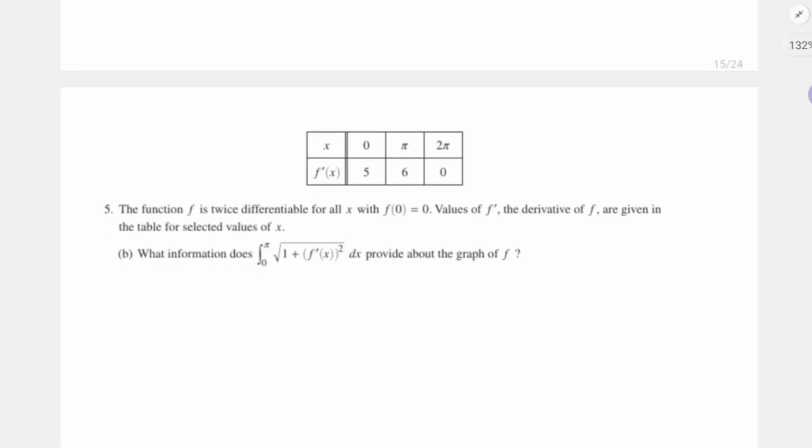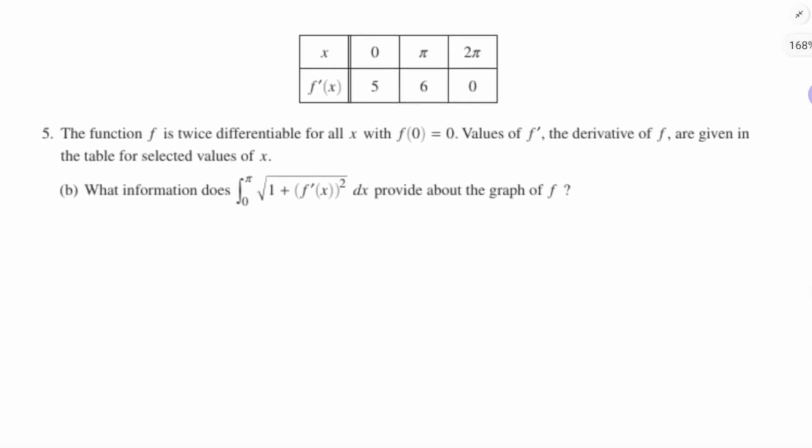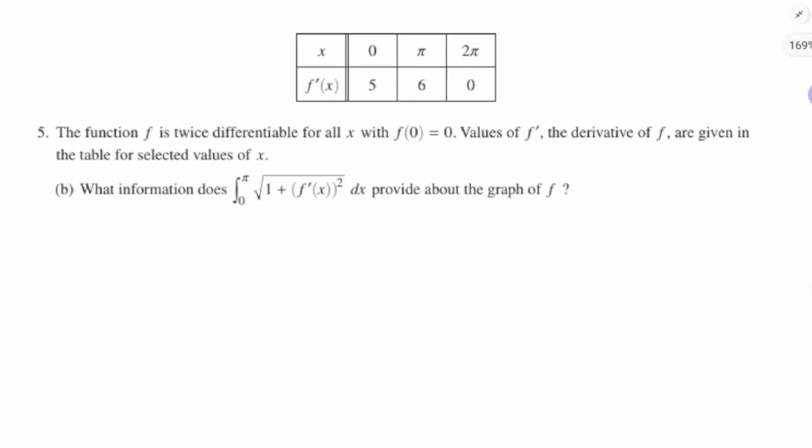Let's move on. In part B, what information does this integral provide about the graph of f, the integral from 0 to pi of the square root of 1 plus f prime of x squared dx? Okay, that is the arc length.